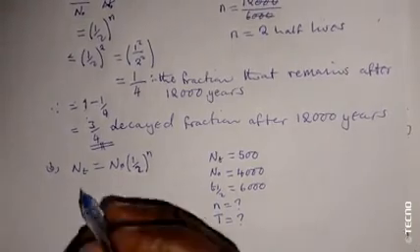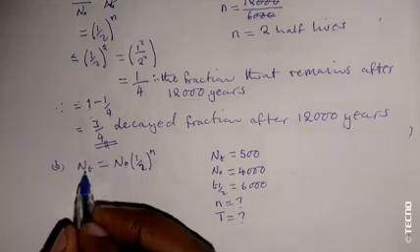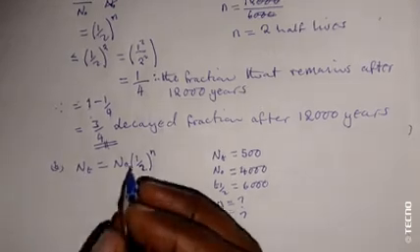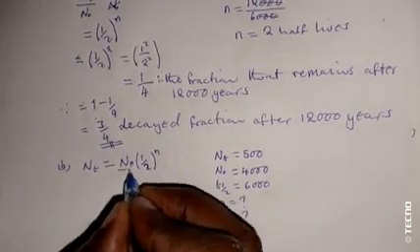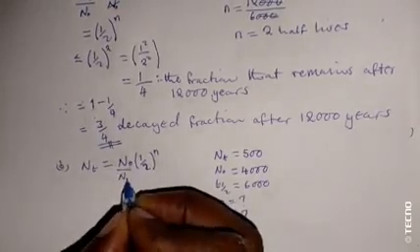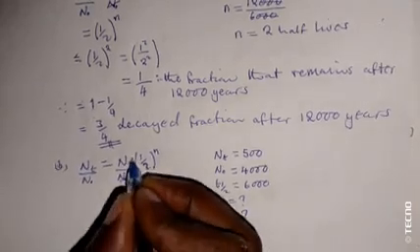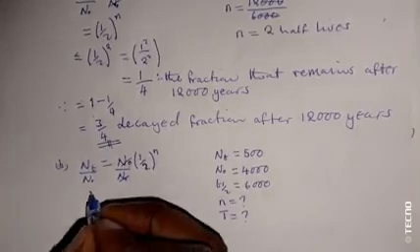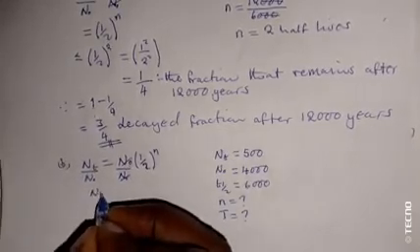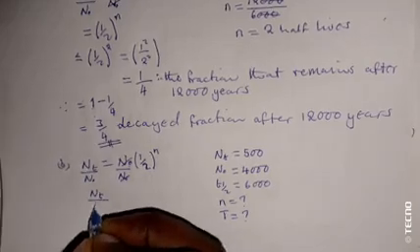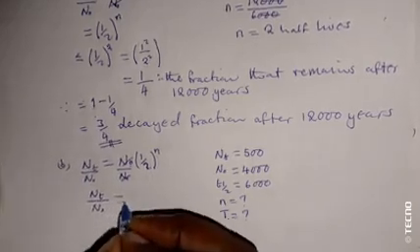Okay, so here we can divide throughout by N_0, like this, even this side by N_0. Then this and this will reduce. So here we are going to remain with N_T over N_0 is equal to half to the power n.